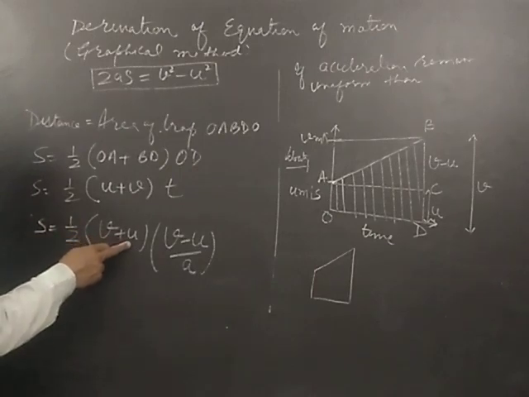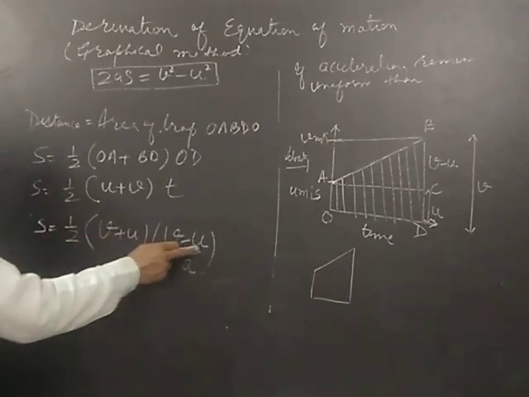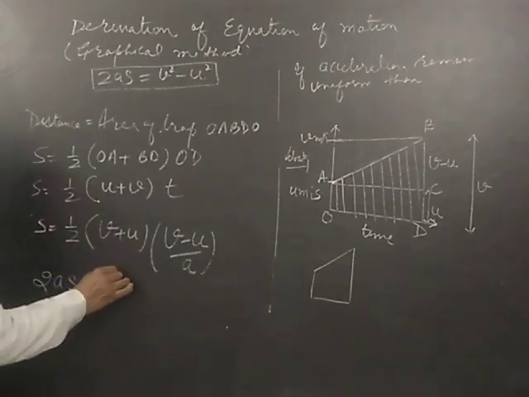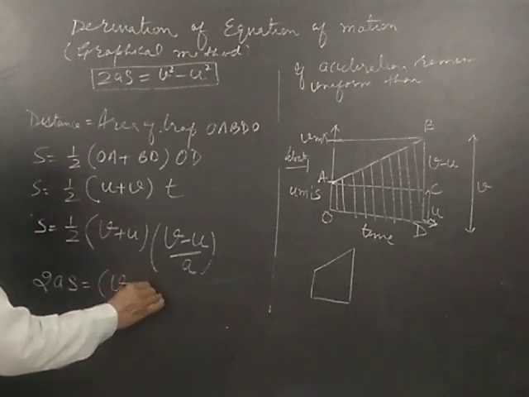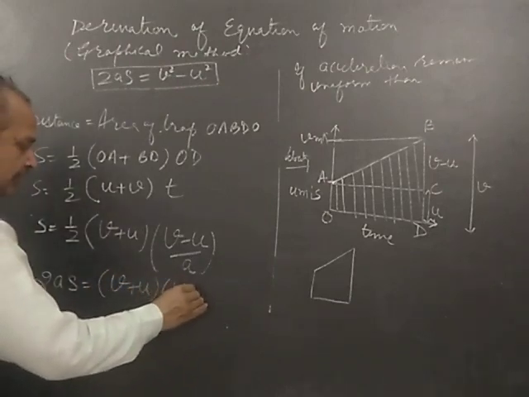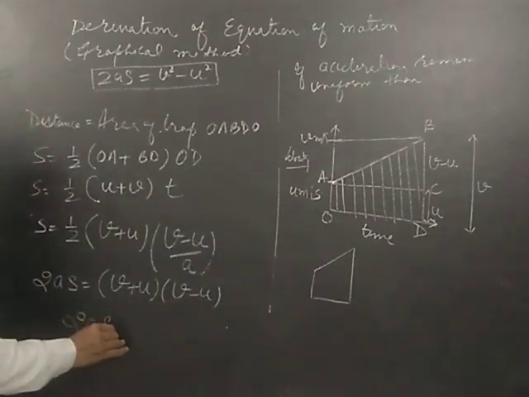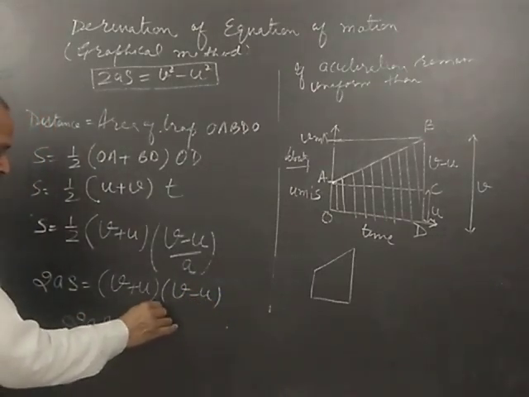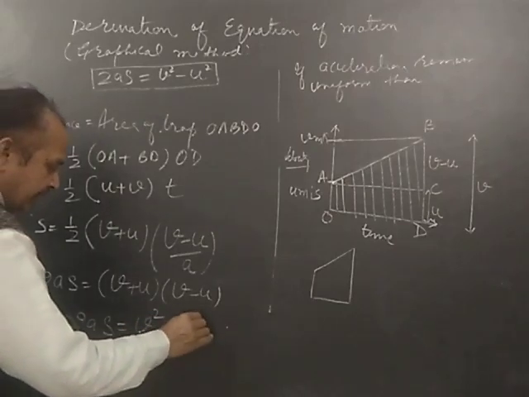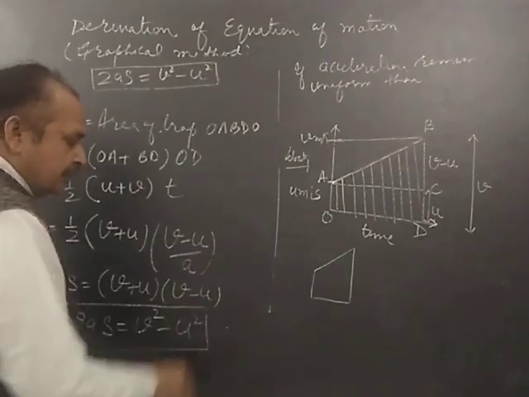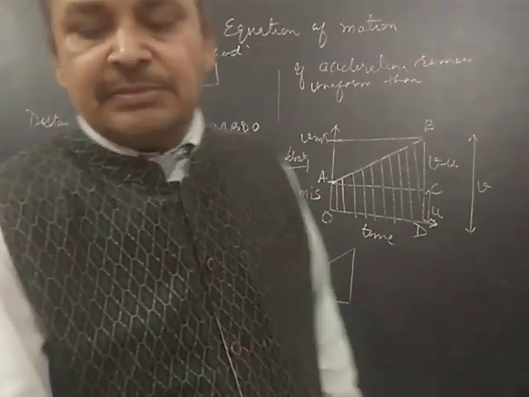A plus B into A minus B. So 2AS is equal to V plus U into V minus U. That means 2AS is equal to V square minus U square.